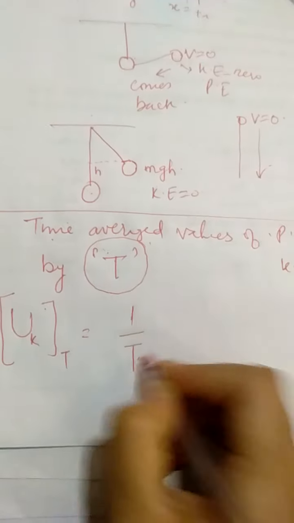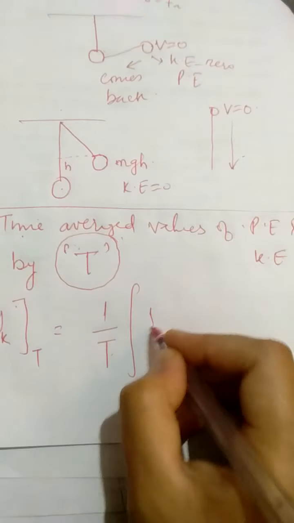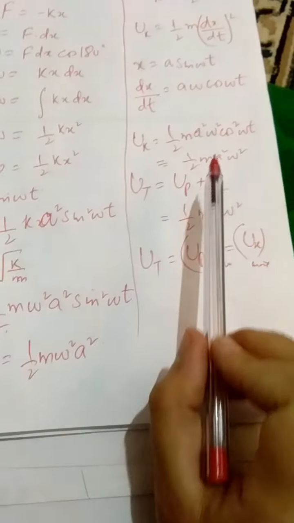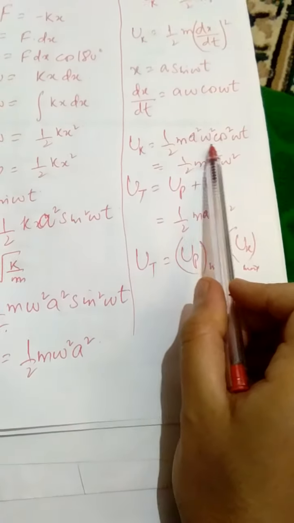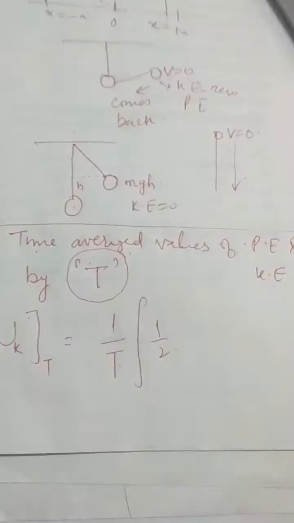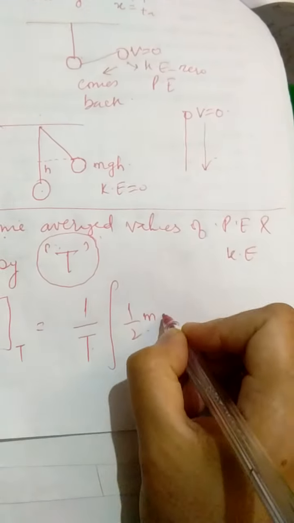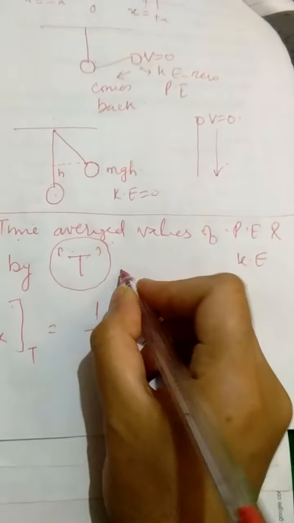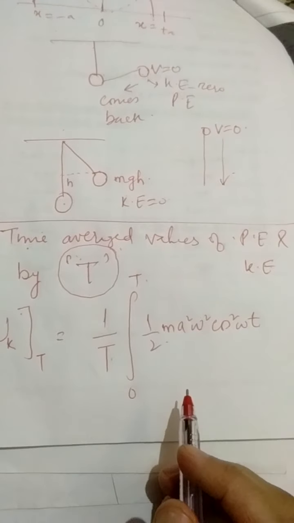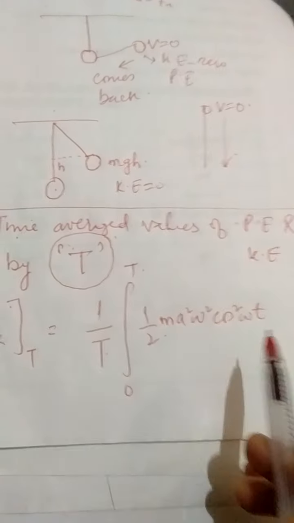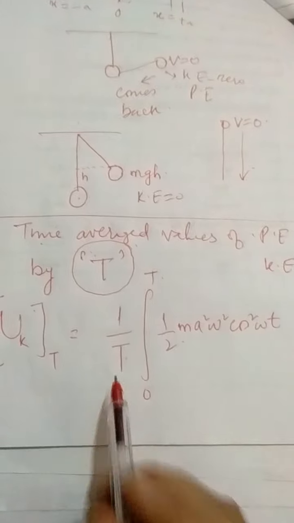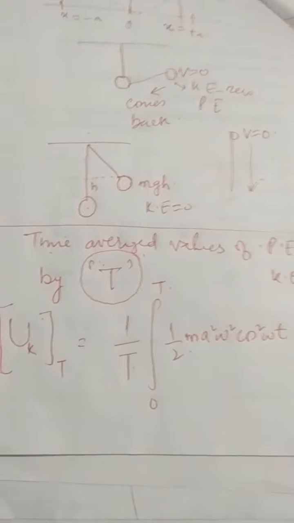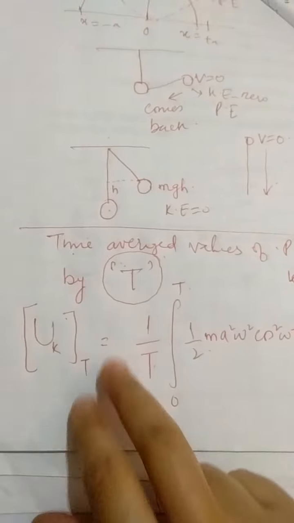Obviously, we are dividing the expression with T, and we have already found the value of kinetic energy: half of m a square omega square cos square omega t, from 0 to T. So what we have done is that we have divided the expression for kinetic energy by the total time T, because we want to find the average value of kinetic energy over one full cycle of oscillation, right? So let's do that.